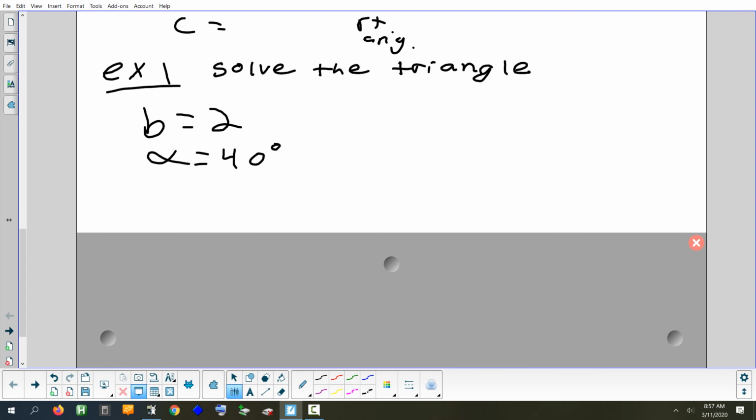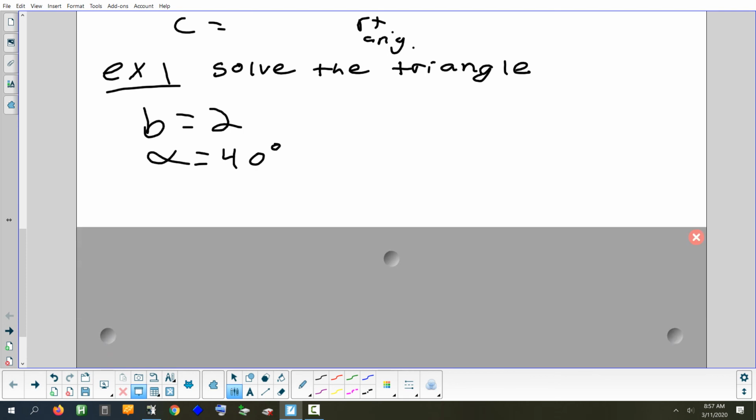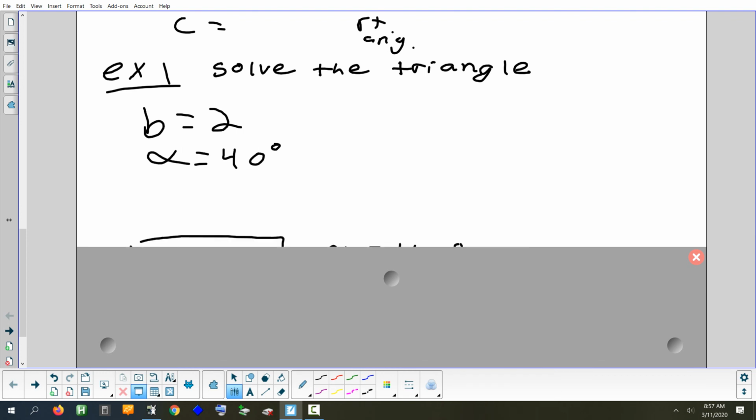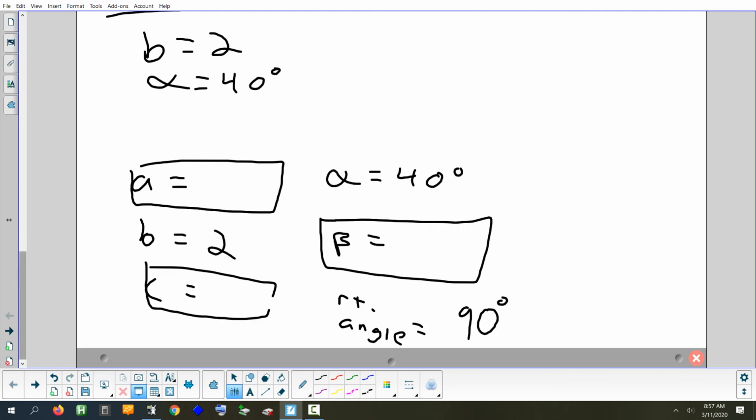So what's the first thing that I suggested? Yeah, just put it in a table. There's your table. So I put the three sides on the left, A, B, C, and I filled in B because they told me it was 2. I put a box around A and C because I need to find those.